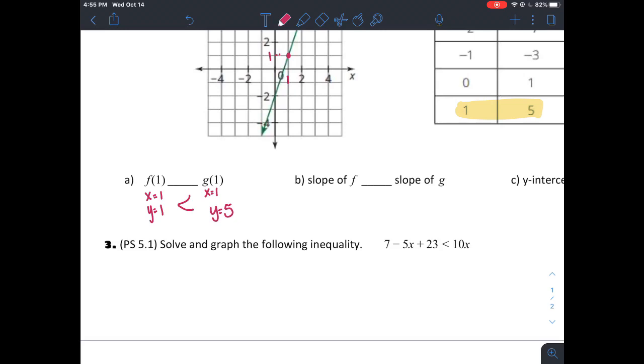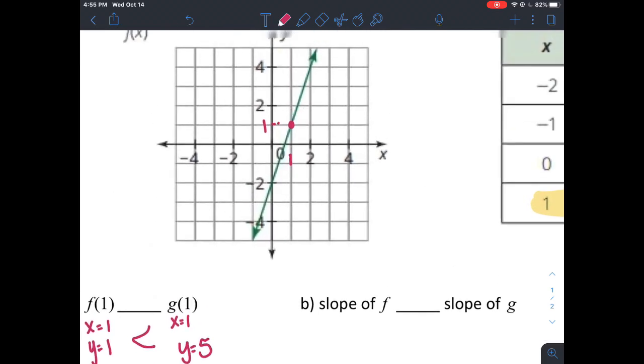Then we'll look at the slope of f and the slope of g. For the slope of the graph, remember I can find 2 nice points and I can count rise over run. So rise over run. I'm going up 1, 2, 3.